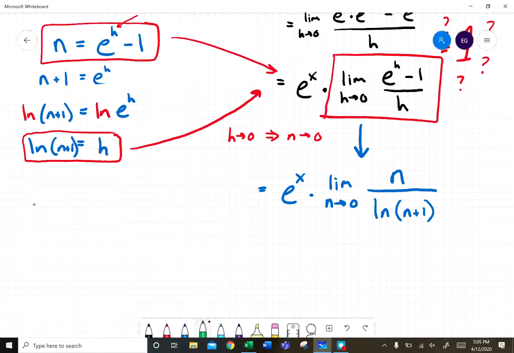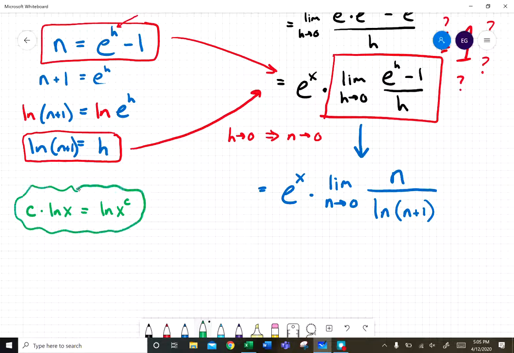Now, what I want to do is apply the natural log property. If you have a multiple out front of a natural log, that's the same as the natural log of x to the c. So we're going to take this property we know of logarithms and see if we can apply it here. Let's take e to the x times the limit as n goes to 0.